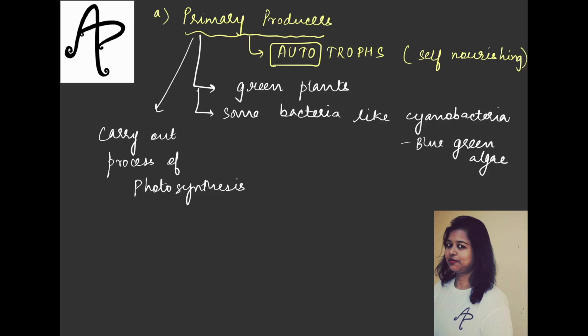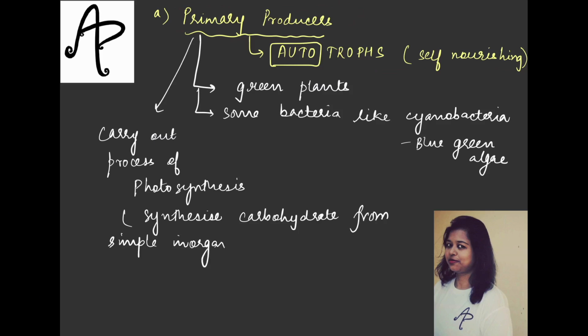Synthesis is to produce, photo is with the help of light. So here what happened, they synthesize the carbohydrate जहाँ से इनको एनर्जी मिलेगी from simple inorganic raw materials. जैसे कि ये बचपन में पढ़ाया जाता है कि फोटोसिंथेसिस के प्रोसेस में क्या होता है.